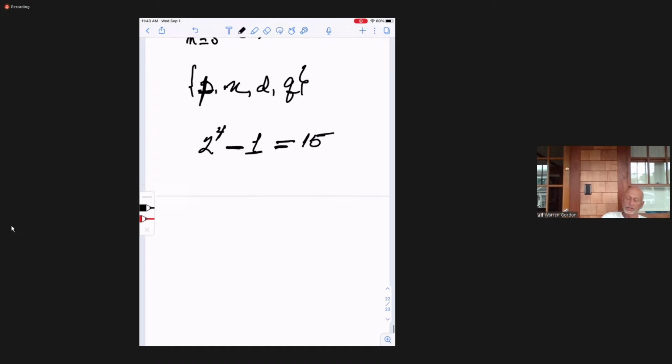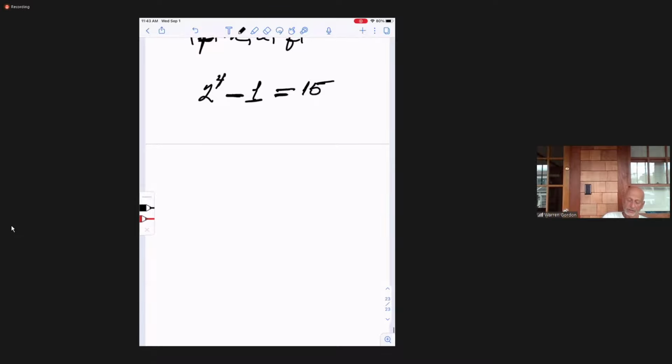Okay, just a couple of observations. That's sometimes helpful. We've shown that n choose r is equal to n choose n minus r.